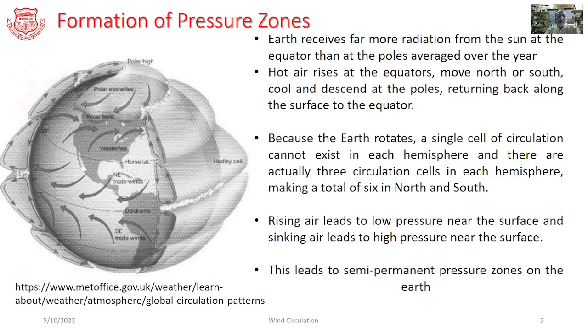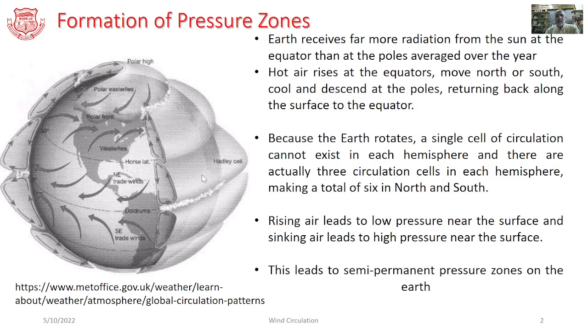However, as the Earth is spinning, rotating about its axis, a single cell of circulation cannot exist in each of the hemispheres, and hence actually there are 3 circulation cells in each hemisphere, making a total of 6 in the northern and southern hemispheres.